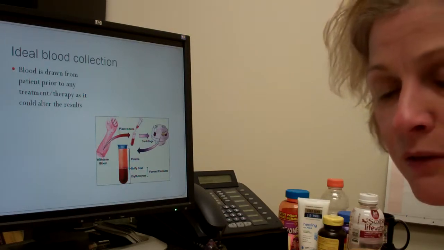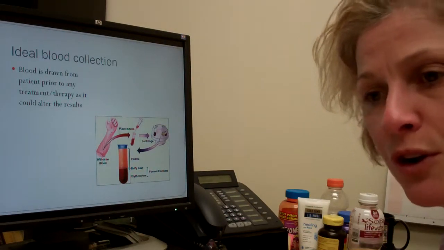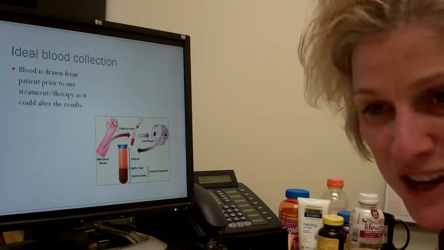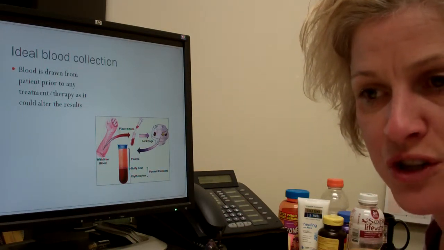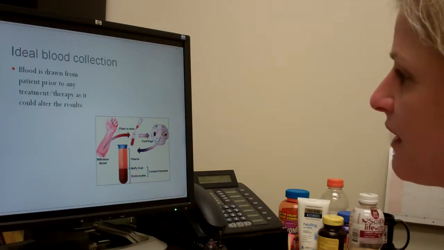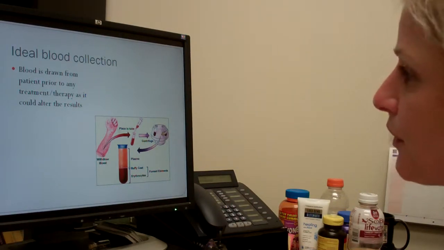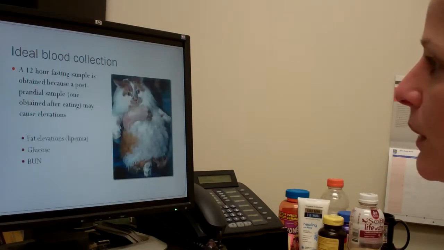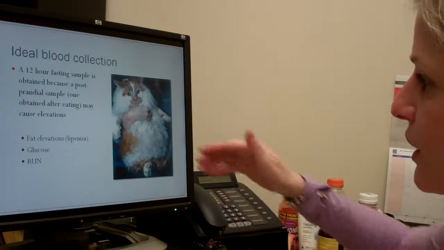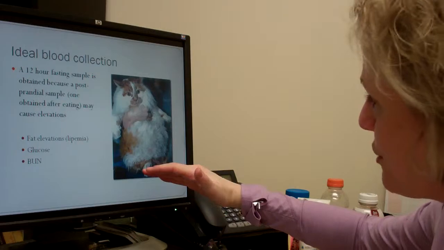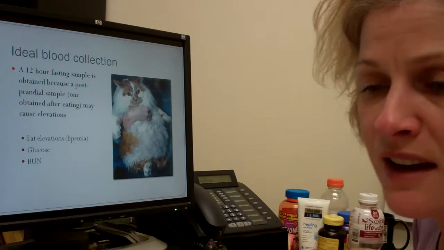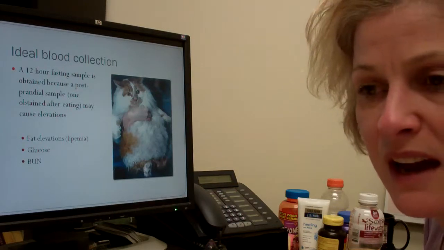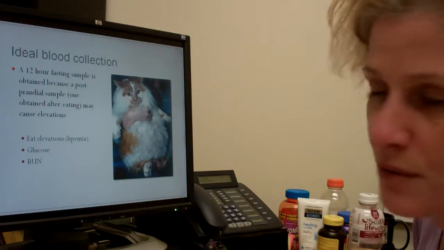Now, if you're unable to do that, when you're getting a history from the client, you want to ask what drugs the patient is on and when they administered their last pill or liquid. Ideally, especially for these highly voluptuous patients, you'd want to fast the patient because, again, the food that we take in can alter our results as well.